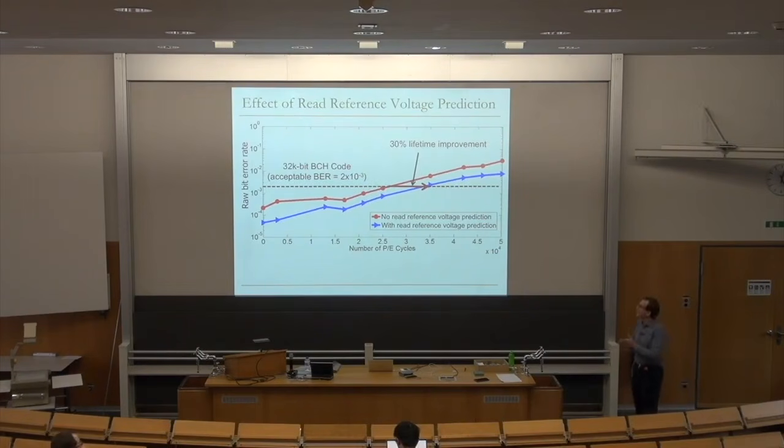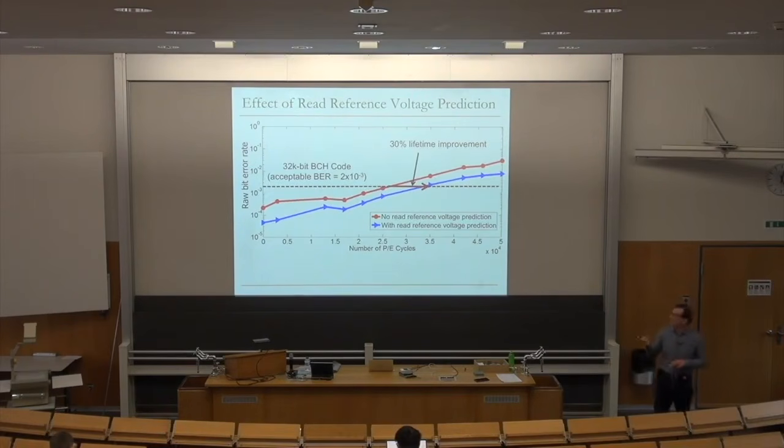If you can correct the errors in a much simpler way than using error correcting codes, you'd better do that. As you can see over here, that's what we're doing. With the read reference voltage prediction, we're getting rid of some of the raw bit errors, which means that we're not punting those errors to error correction codes. As a result, we're using the error correction codes for errors that are not easily corrected with read reference voltage prediction. Make sense? Okay.